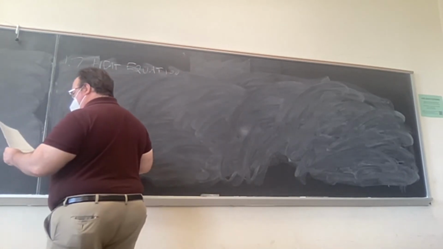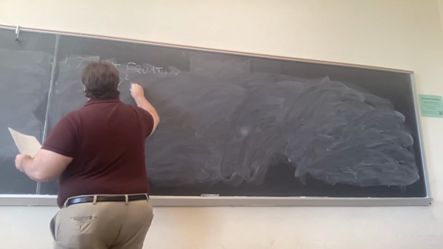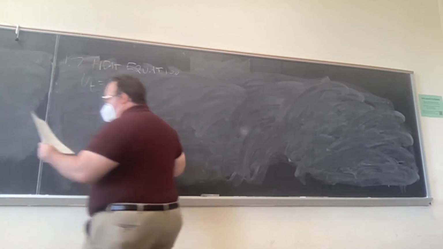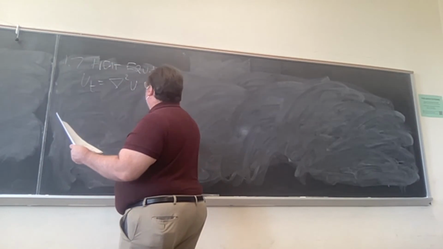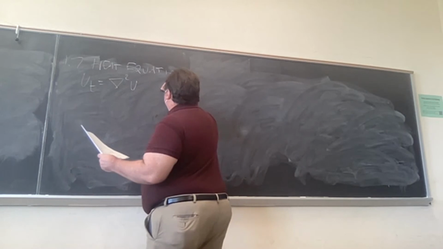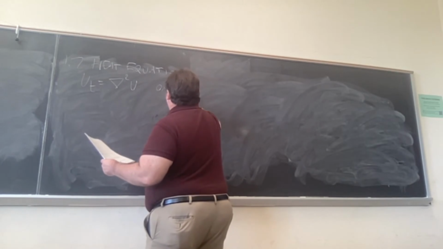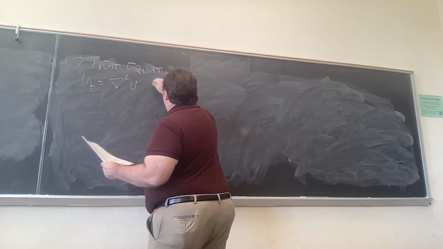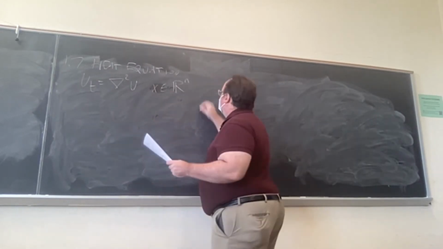Okay, so what we have is u_t, the time derivative of u, so the heat equation in its simplest form. And this is for free space, so the spatial domain is all of R^n.